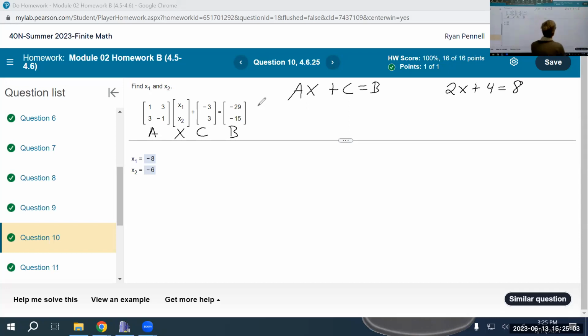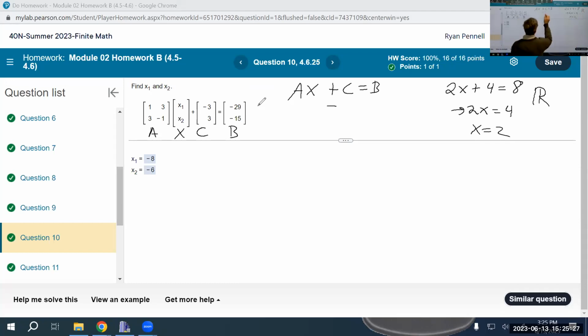You subtract 4 on both sides. Divide both sides by 2. But we're doing that with matrices now, so you can imagine it's quite a bit more confusing. So this is just with real numbers, but now we're going to do it with matrices.